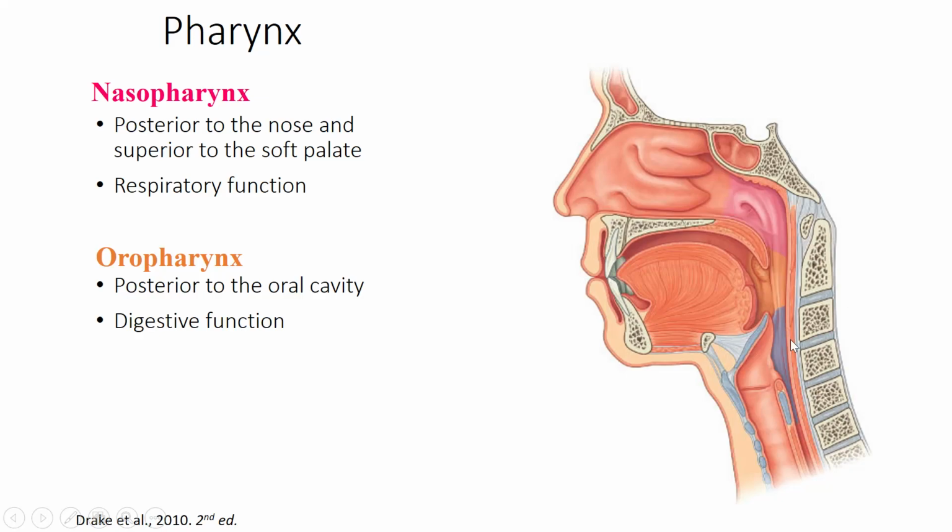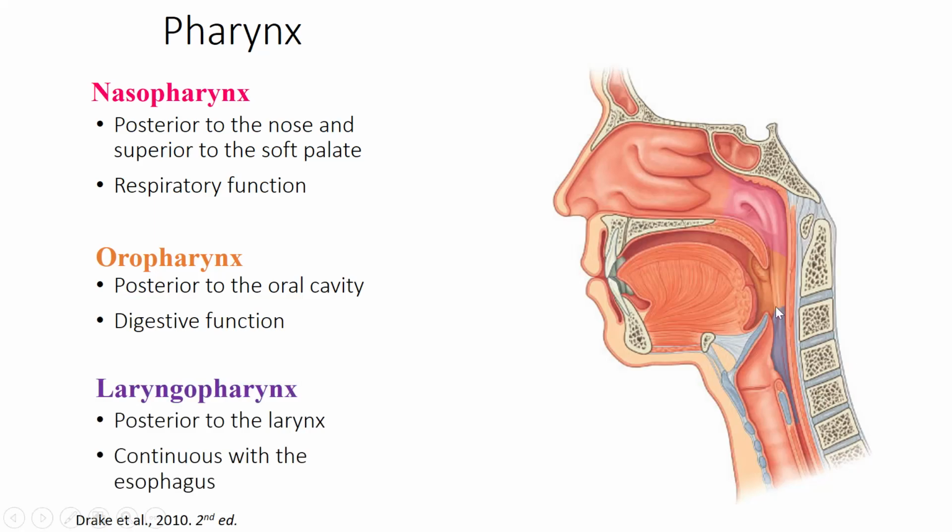And then we have the laryngopharynx, this one in purple, which is located posterior to the larynx, and it will extend from the tip of the epiglottis until the inferior border of the cricoid cartilage here. And then it will be continuous with the esophagus.